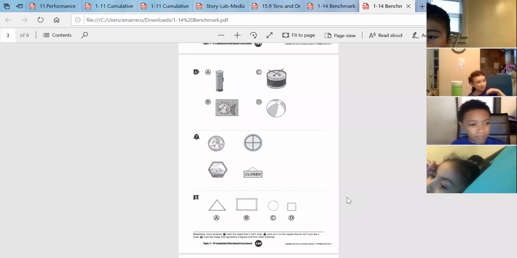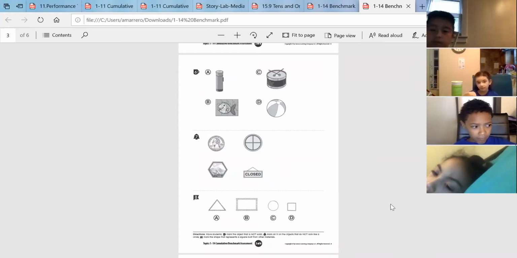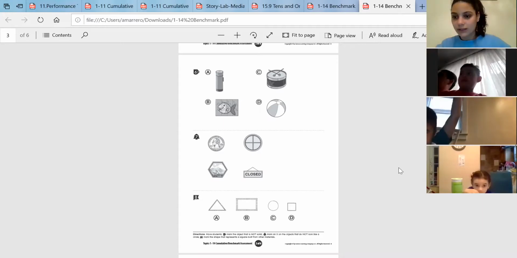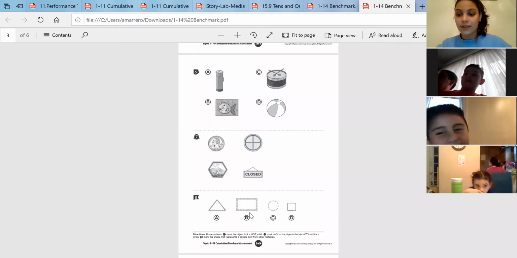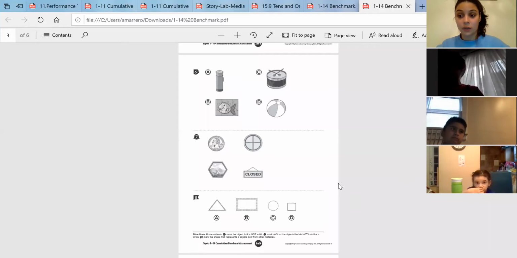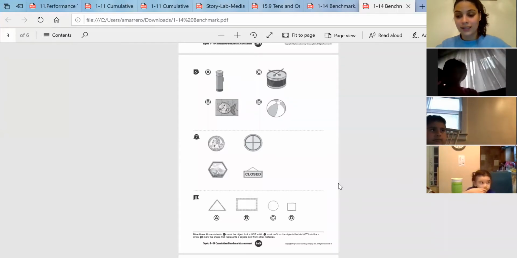I will let you tell me the answer. Which shape is a square made out of different materials? Giovanni? The rectangle B? Yeah, B, the rectangle. Remember, a rectangle is a square, but a square is not a rectangle.